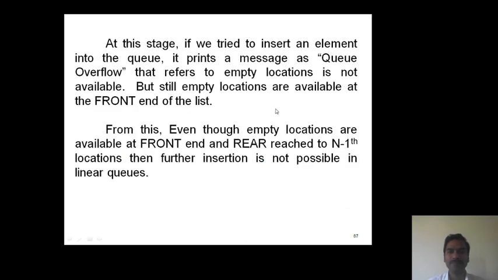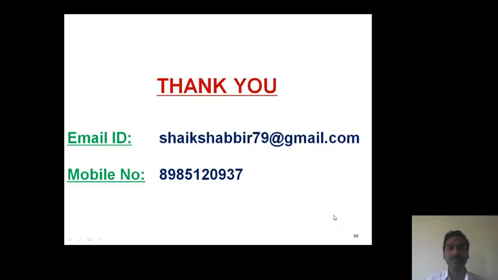Even though empty locations are available at the front end, the rear end has reached the N minus 1th location, so those empty locations are not possible to use in the linear queue concept. To overcome this disadvantage, we go for another type of queue known as circular queue. In the next class, we will discuss the circular queue concept. Okay, thank you one and all.